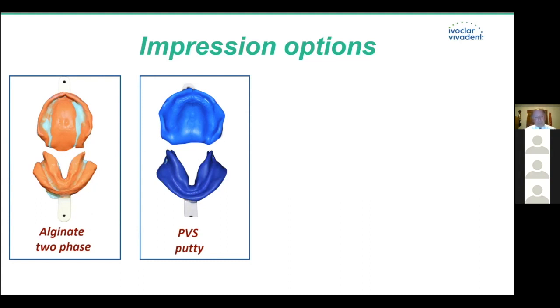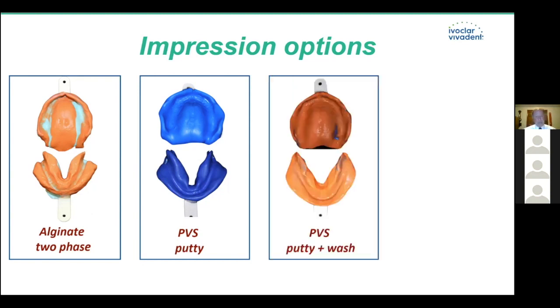I think it's like 2 minutes working time and 4 minutes to set. But it gives me a chance to go in and really seat it properly, and it gets up into the sulcular areas very nicely. And gee, I take some pretty darn nice impressions with this material to start with. So I like this. It's really becoming a little bit more of a favorite than the alginate.